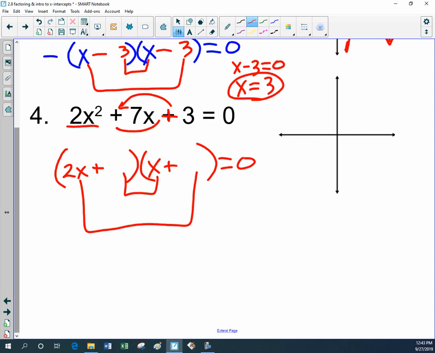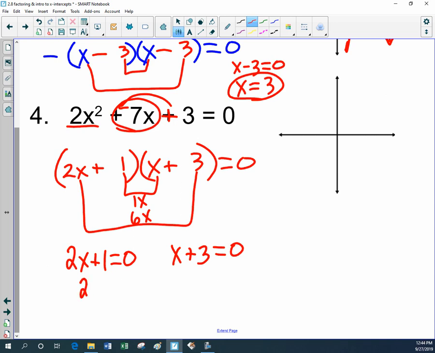What combination of 1 and 3 is going to give me 7x? So 1 here, 3 there. So inside, that would be 1x. Outside, 6x. 1x and 6x is 7x. Okay, so we factored it. Now solve it. So set 2x plus 1 equal to 0. Set x plus 3 equal to 0.